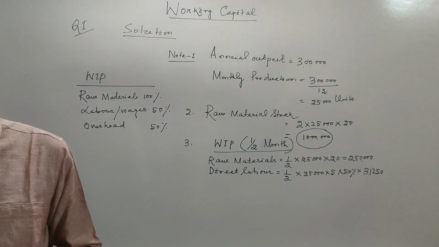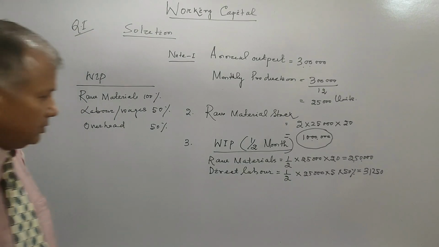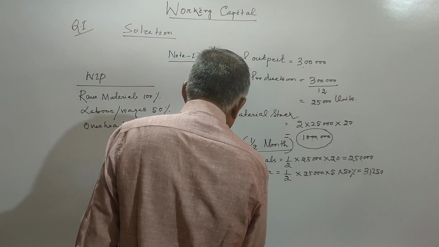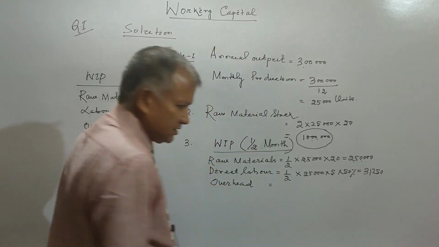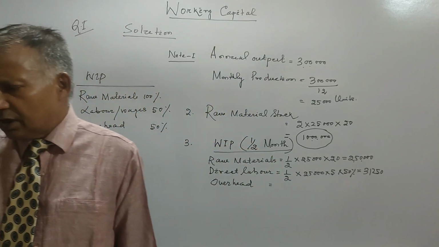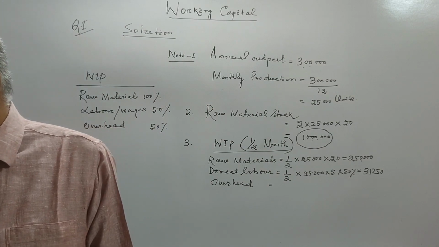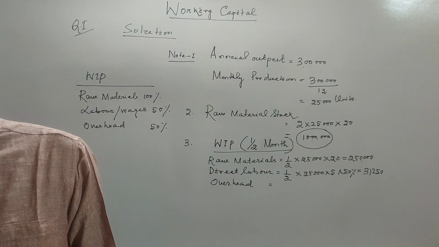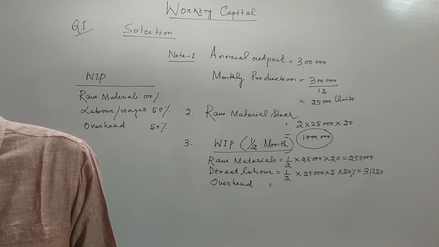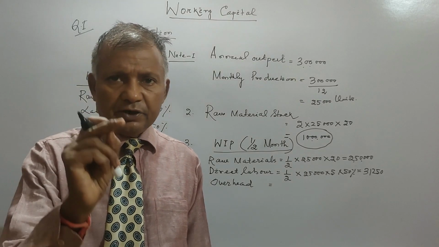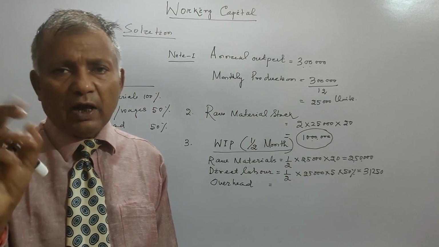Then comes the overhead. Friends, overhead in this problem has been given on the basis of number of units. The overhead has been given as 15 rupees per unit, including depreciation of rupees 1.